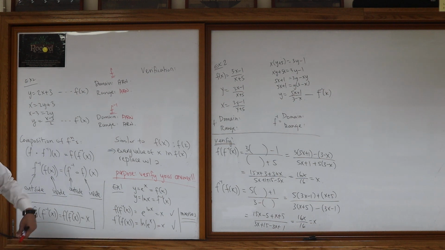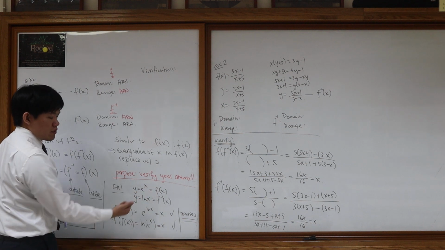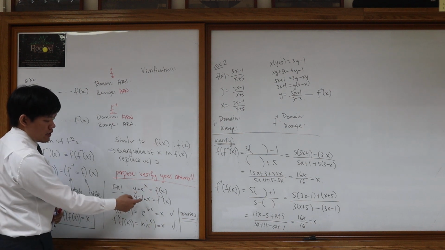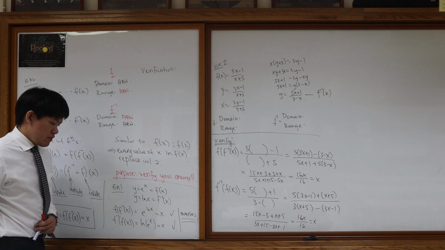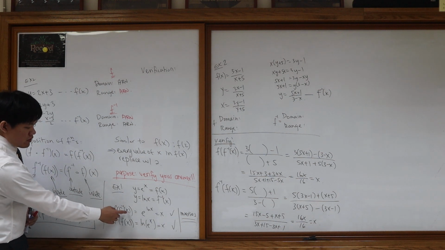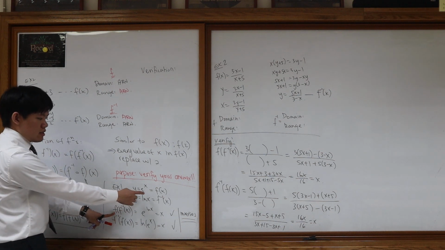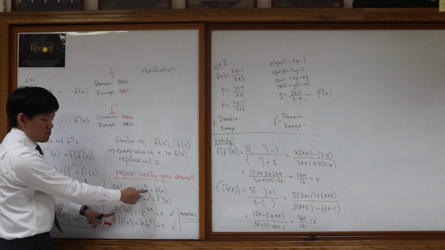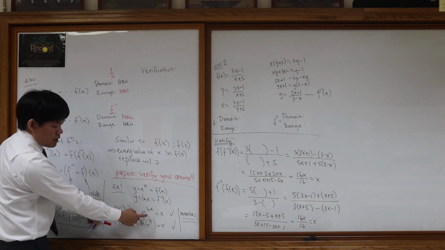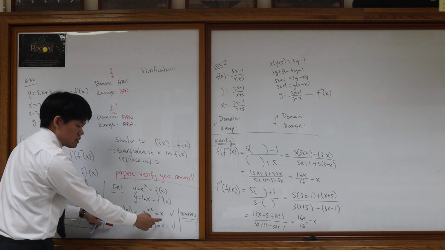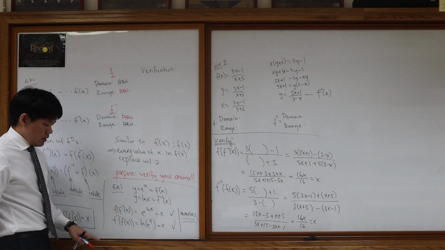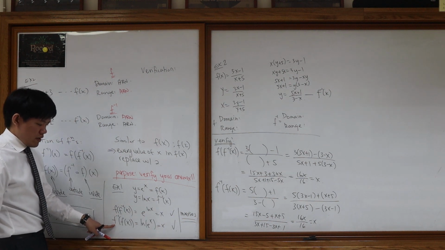Okay? So the example we did earlier, example number 1, y equals e to the x, that's my f of x. ln of x is my inverse of f. So that means f of inverse of f, my f is e to the x. So whenever I see x, I plug in ln of x. And that's what I have. E and ln of x will cancel each other out. That's my x. Okay? Now the next thing here is inverse of f of x.